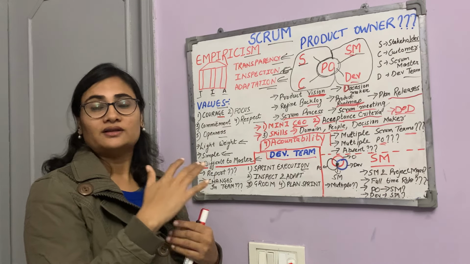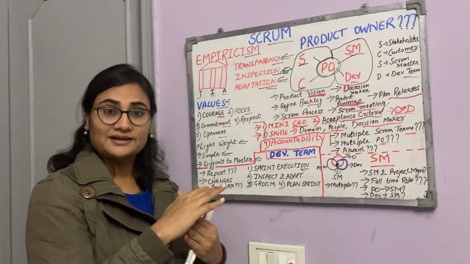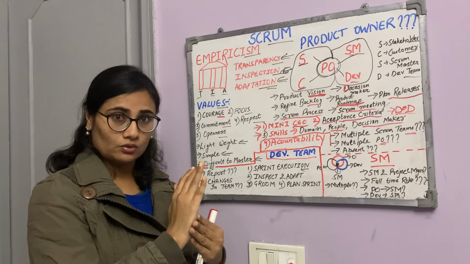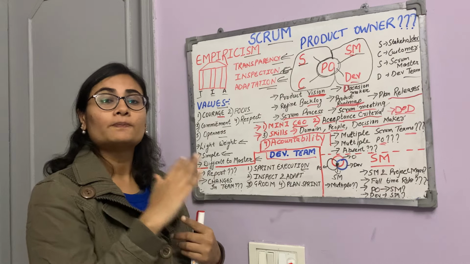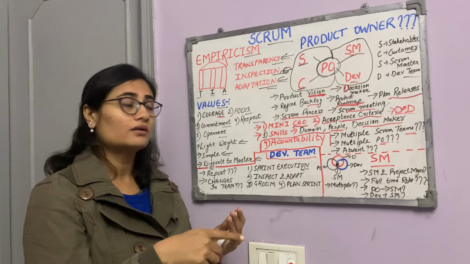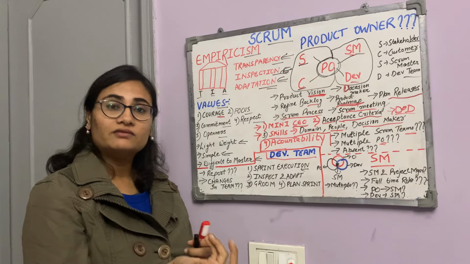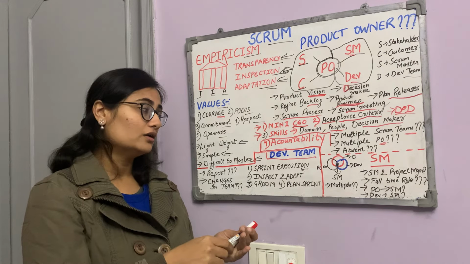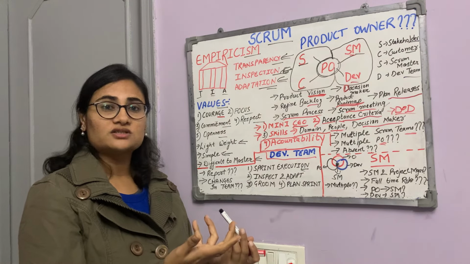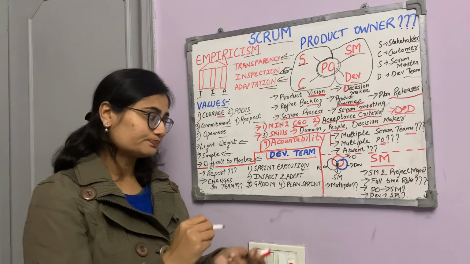As we know, the development team is a self-managed team. No one will tell them how they will achieve that sprint goal, and they will themselves manage their work in order to deliver to that sprint goal. So sprint execution is the responsibility of the development team.